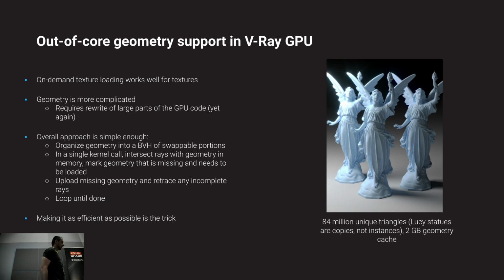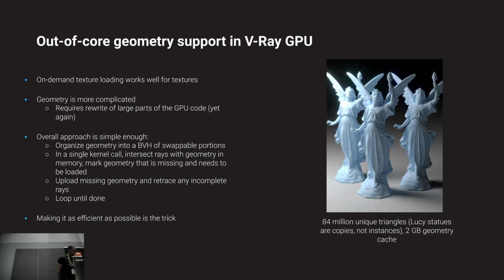And implementing this in V-Ray GPU requires major changes to the renderer. The overall approach is not that complicated. You just split up the scene in little boxes or voxels that contain pieces of geometry, and then we can upload only a certain amount of these voxels to the GPU.